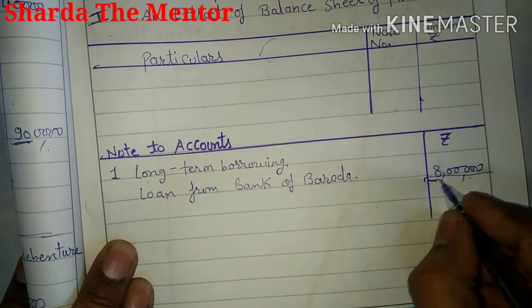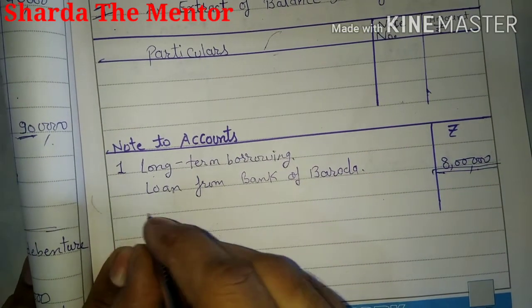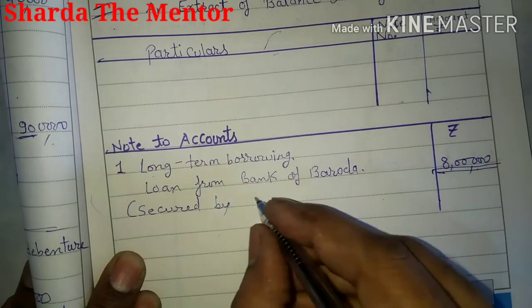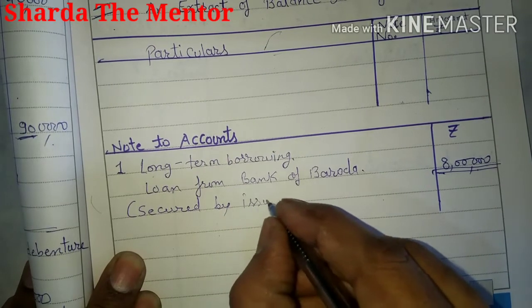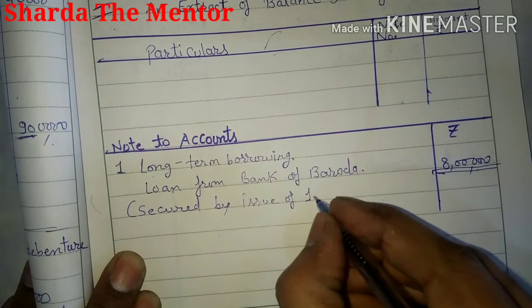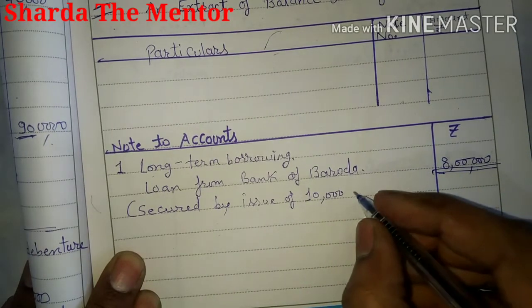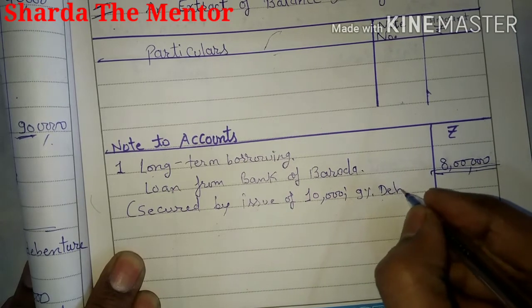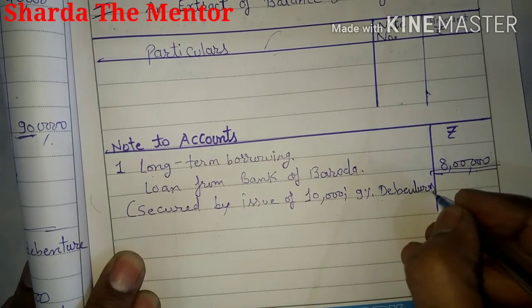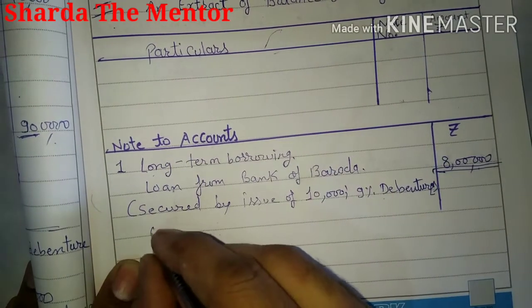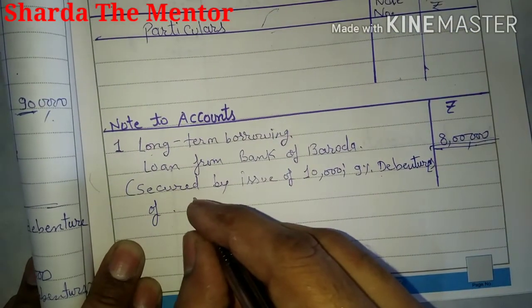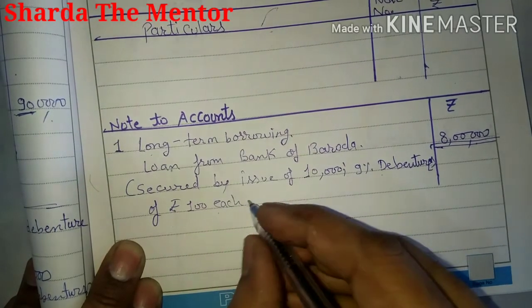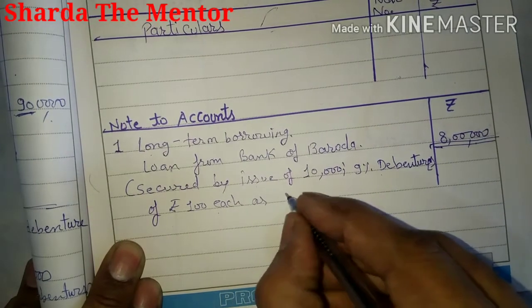Then close it. Then again you will mention here secured by issue of 10,000 9% debentures of rupees 100 each as collateral security.